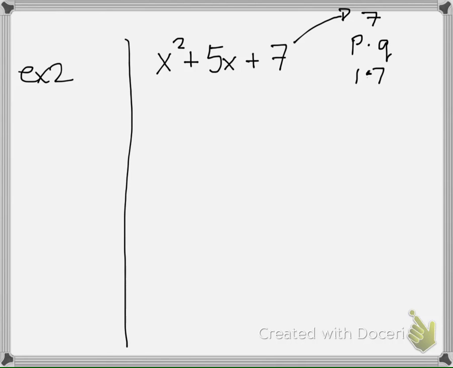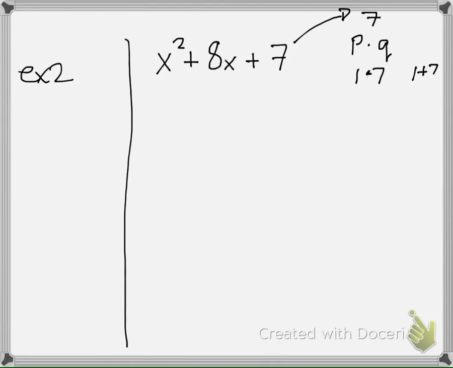And I copied down the wrong problem. I apologize. Let me fix this part right here. That should say 8x. So P times Q is 7. The only way to get 7 is 1 times 7.